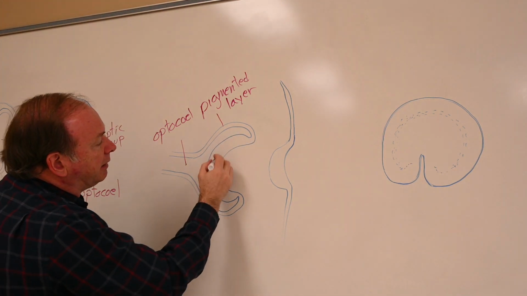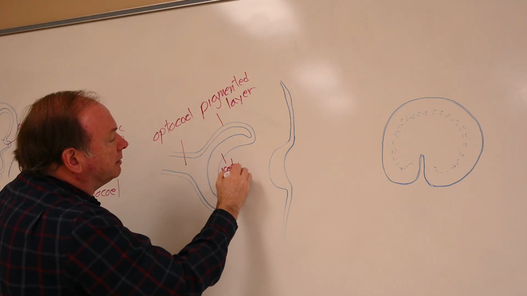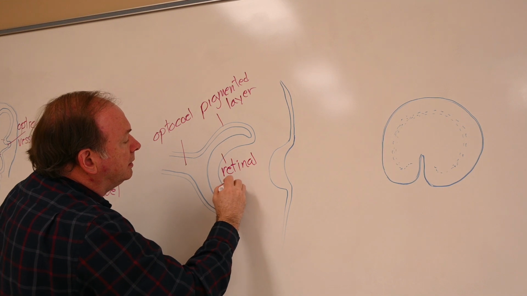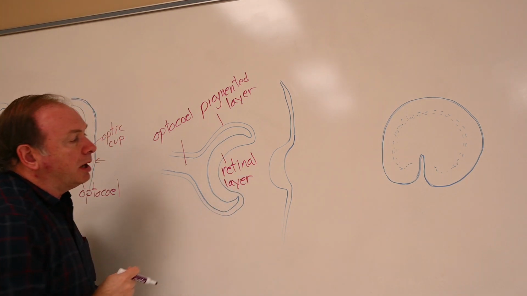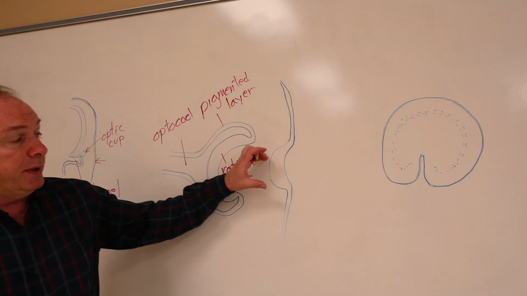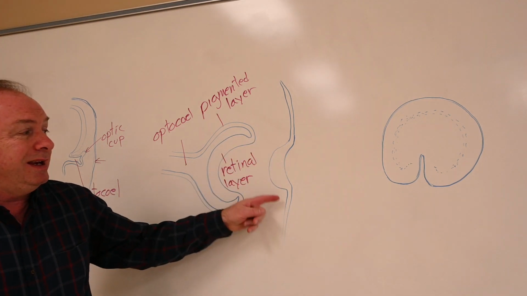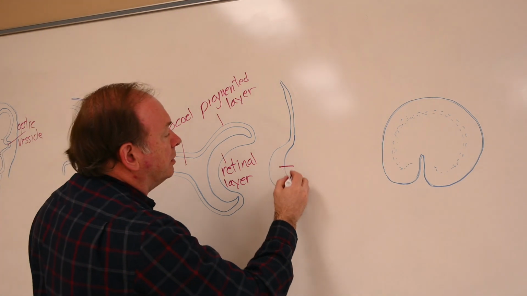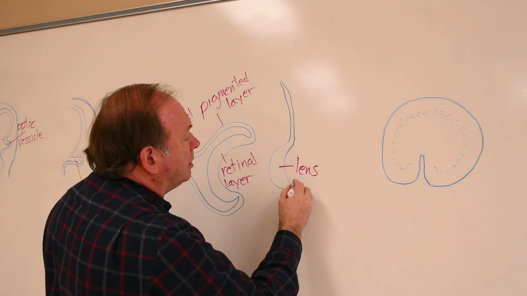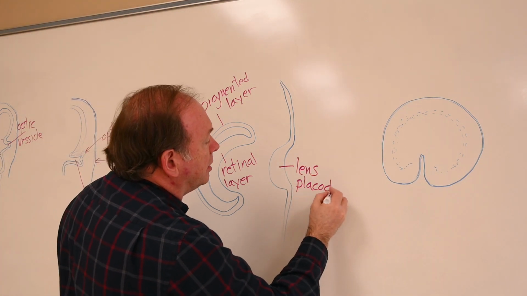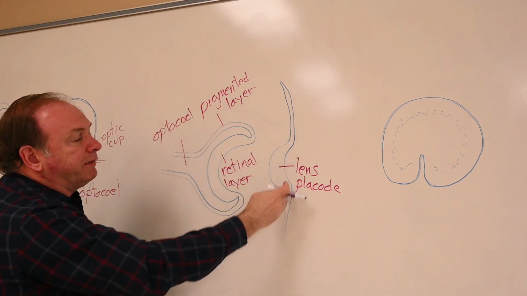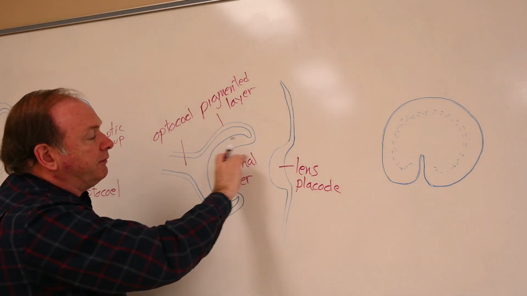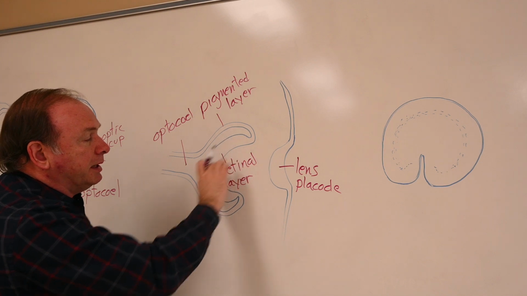And the inside layer right here is going to be our retinal layer of our optic cup. Now that optic cup, as it approaches the surface ectoderm, it induces the formation of what's called a lens placode.